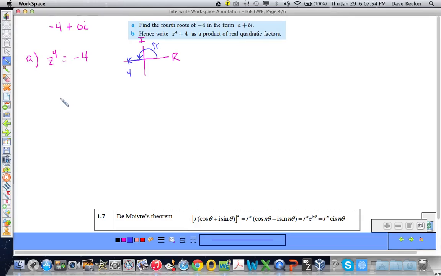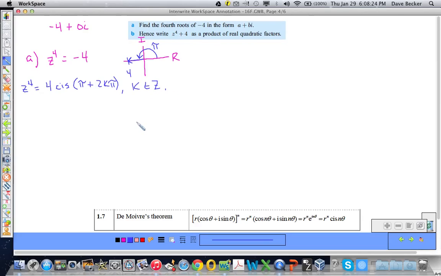Well, it's a little bit easier to rewrite this in polar form. So z to the 4th would be equal to 4 cis of pi plus 2k pi, of course, k an element of the integers.